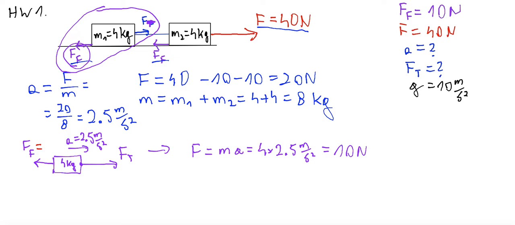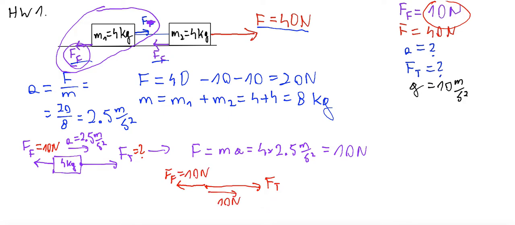We don't know the tension, but we know that the overall force, which is a result of tension acting to the right and friction acting to the left, equals 10 newtons.